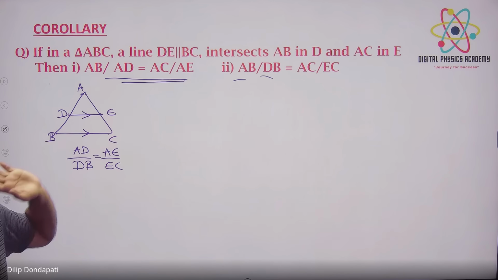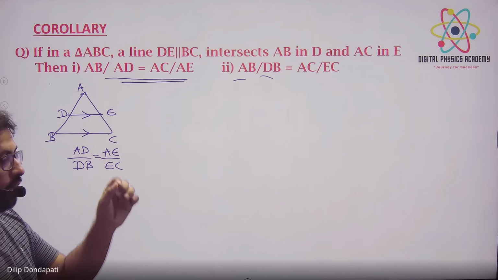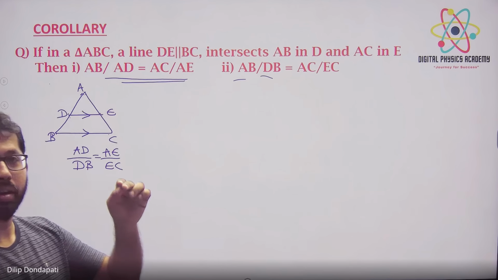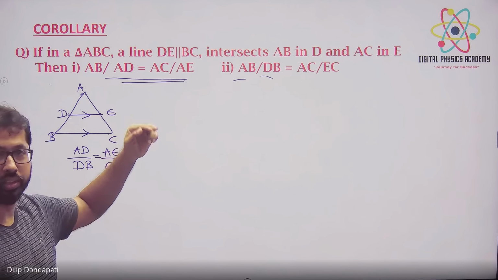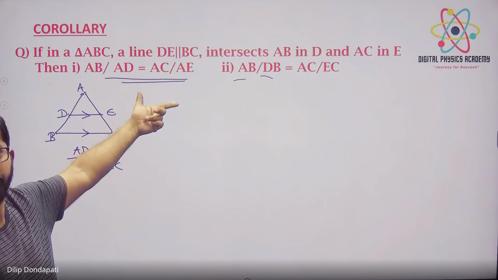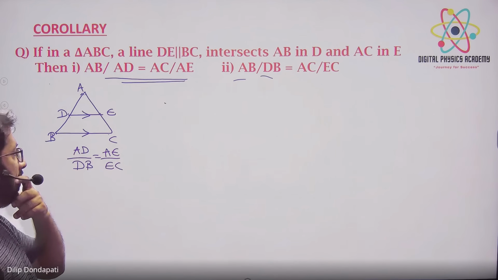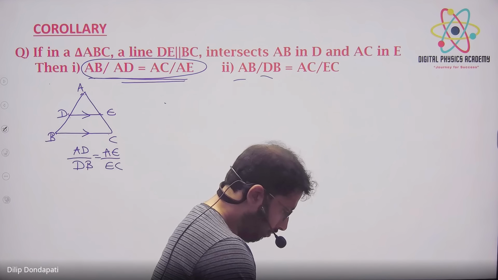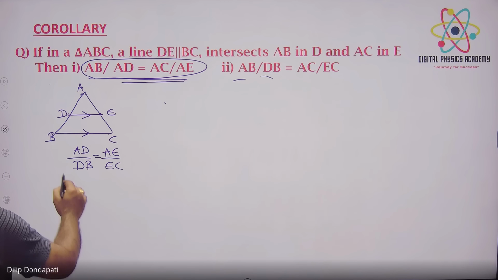Here we prove. Oh look, sometimes क्या करेगा? Theorem they will give for 3 marks. One mark or 2 mark question they will ask with this also. They will tell this one prove करो. Okay. Try to prove this one. AB by AD is equal to AC by AE. Prove करो. From this only आएगा.